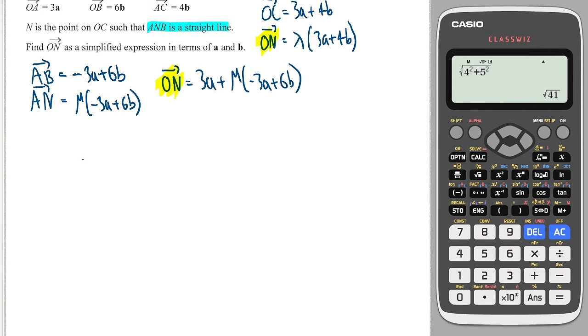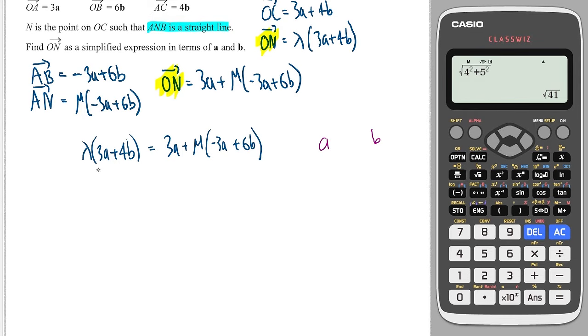So we'll have lambda 3a plus 4b is the same as 3a plus mu minus 3a plus 6b. And then we'll need to compare coefficients, because in order for these two to be equal, the a's on one side must be the same and the b's on one side must be the same.